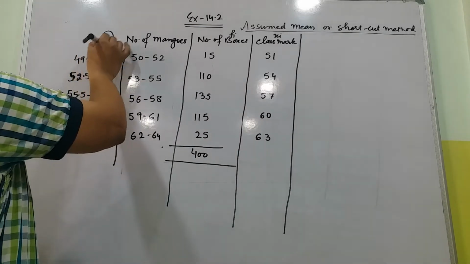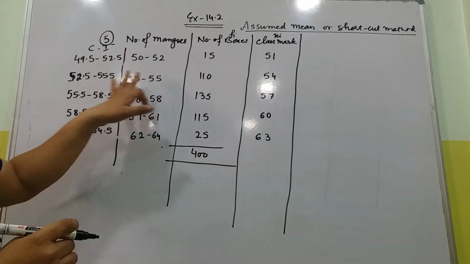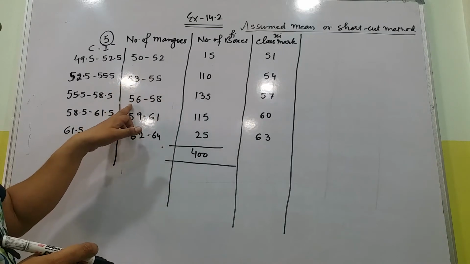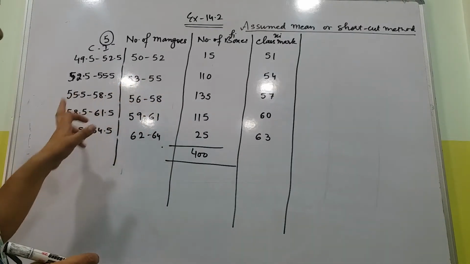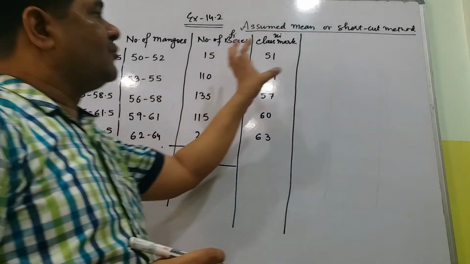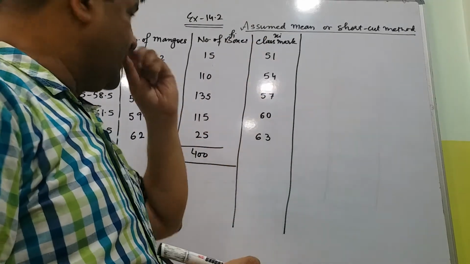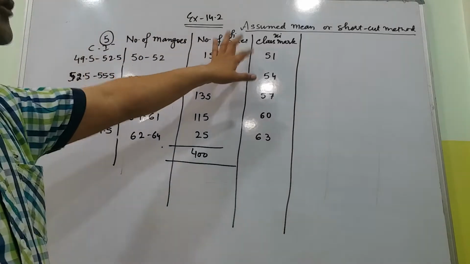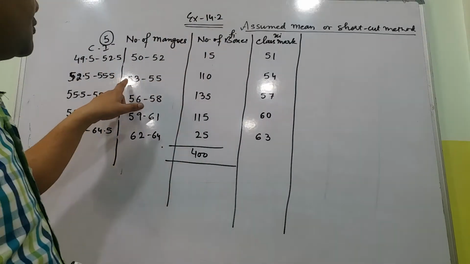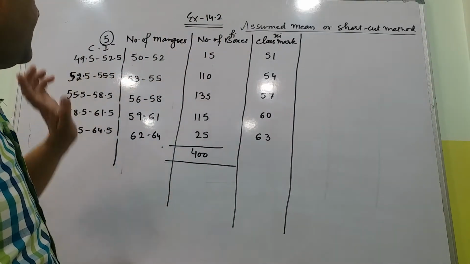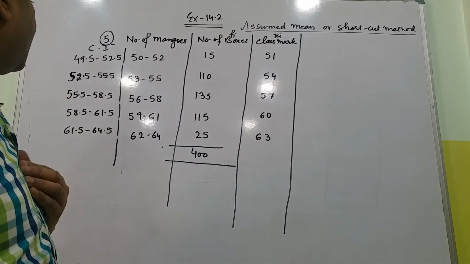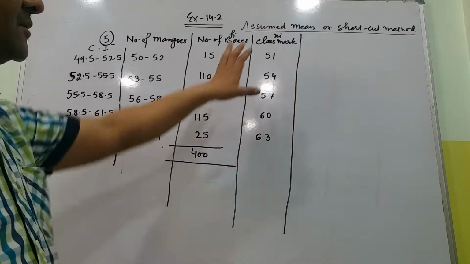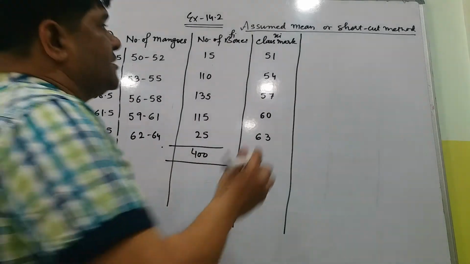So this is class interval: 52.5 to 55.5, 55.5 to 58.5, like this. Then you have to calculate class mark as we had done yesterday: lower limit plus upper limit divided by 2, you will get 51. 52.5 plus 55.5, 108 divided by 2, 54. This is how we calculated class marks.